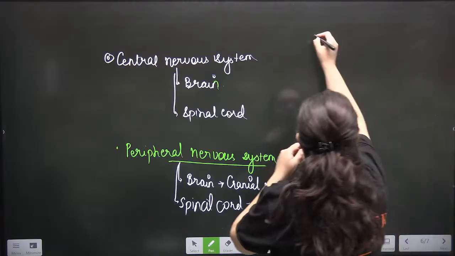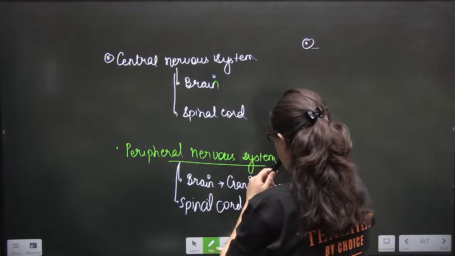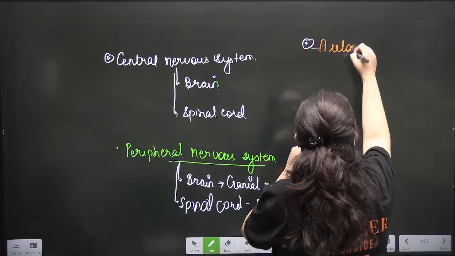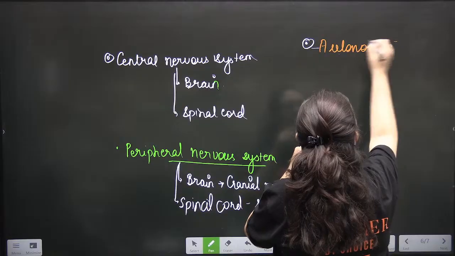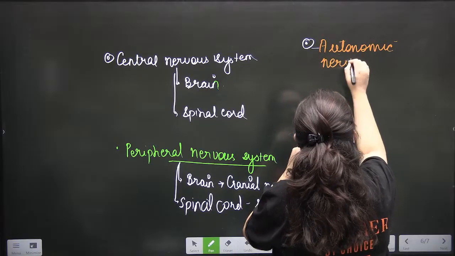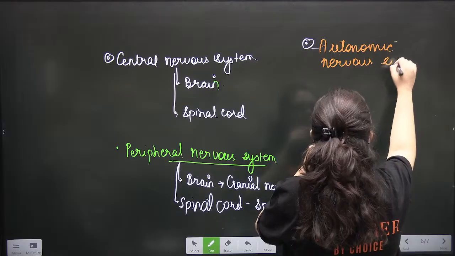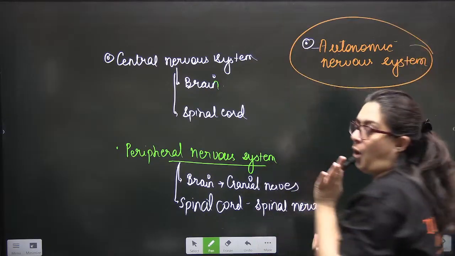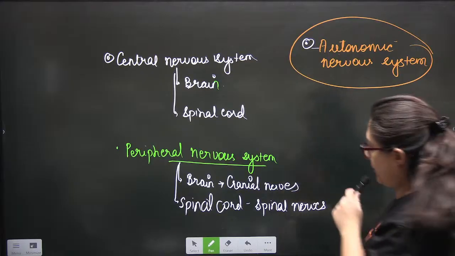Okay. And then the third one is the autonomic nervous system.